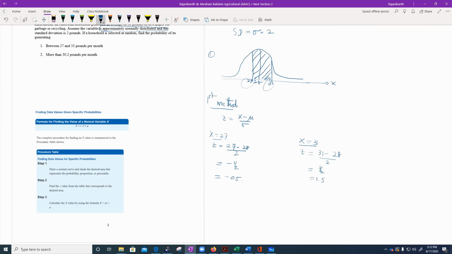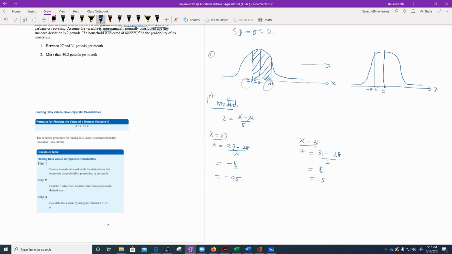Now I'm going to change the picture. I'm going to change this normal distribution picture to the standard normal. Since this is standard normal, I'm using z and the middle point is 0. Now the 27 for the x value corresponds to a z value of negative 0.5, right?